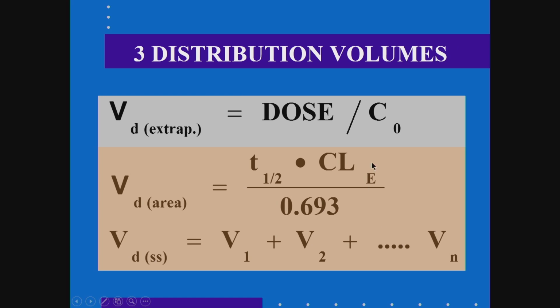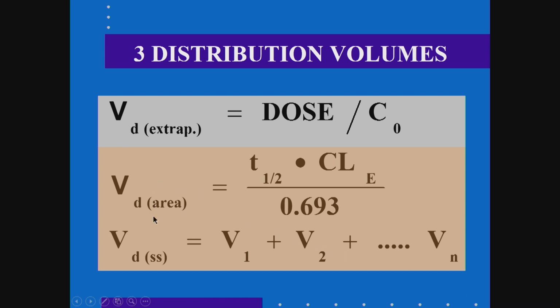And basically what we're doing in this example, the volume of distribution by extrapolation is estimated as the ratio of the dose over that extrapolated initial concentration. The assumption, of course, is that instantaneous distribution occurs. We saw that that is not the case, but once again, this is one approach that has been useful in terms of estimating the apparent volume of distribution.